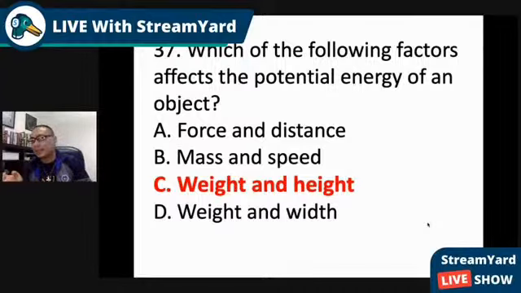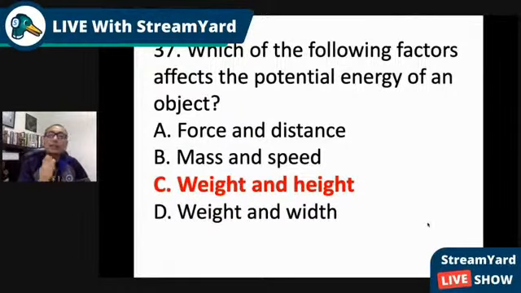So A is one of the near answers, but it's not the most correct answer because distance can be different. It's not all the time height. Force is not all the time weight.